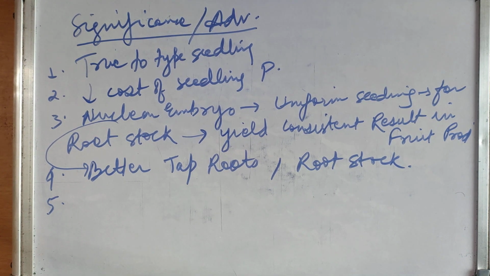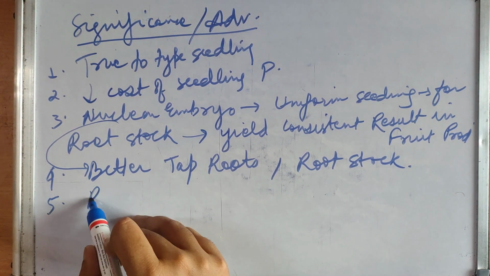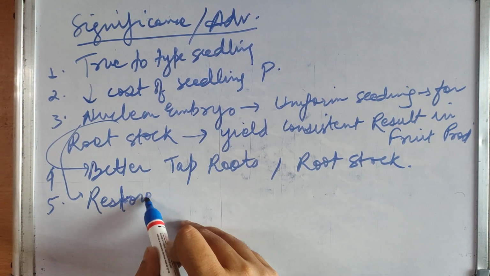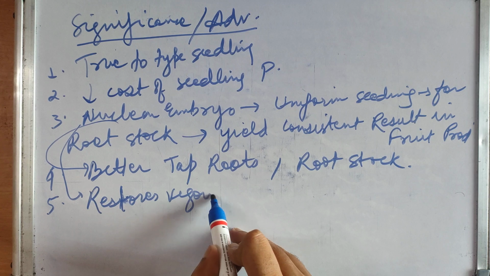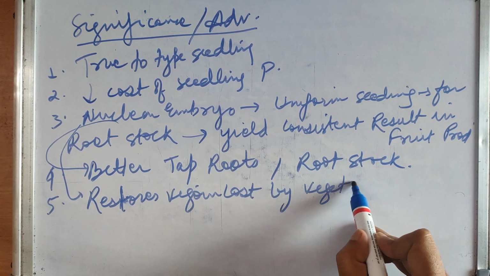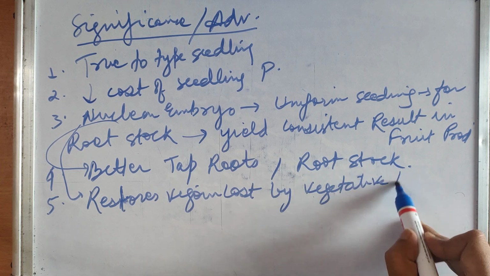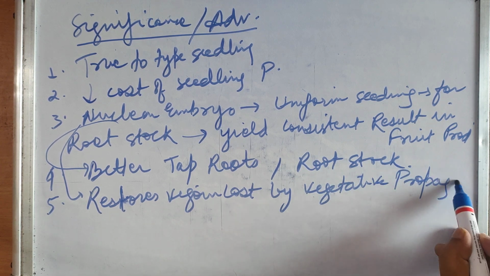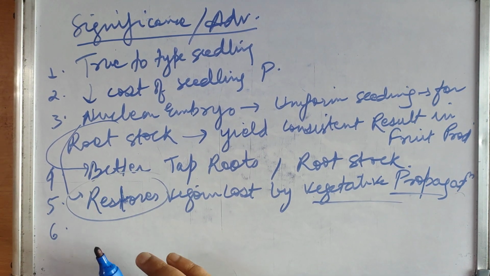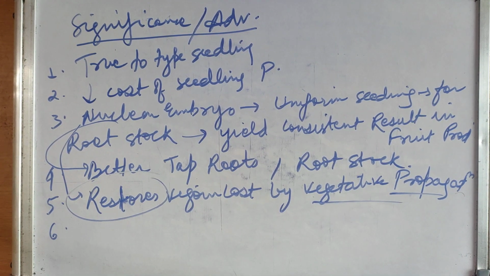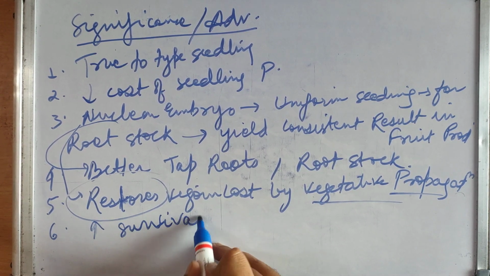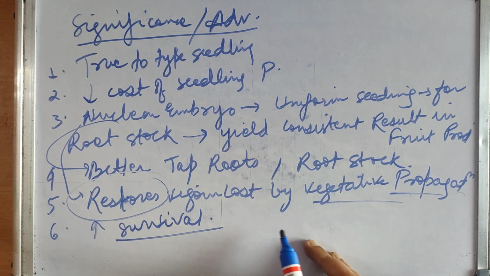Nucellar seedlings restore vigor lost by vegetative propagation. Some amount of vigor is lost in vegetative propagation, so nucellar seedlings restore it. It increases survival under unfavorable conditions.